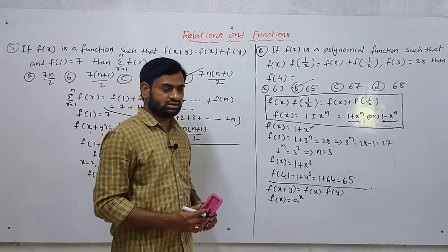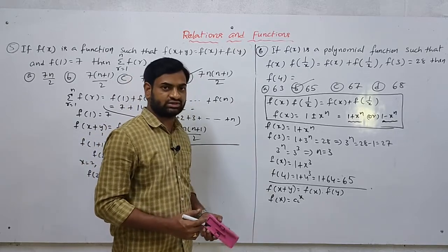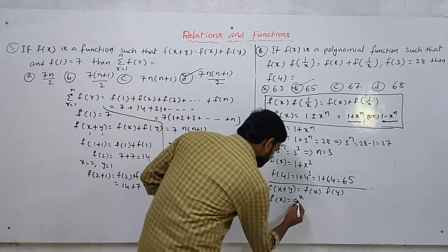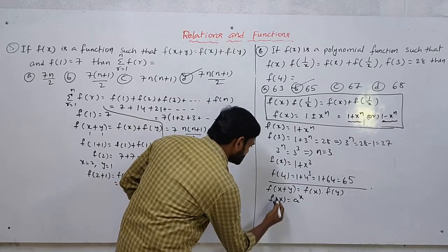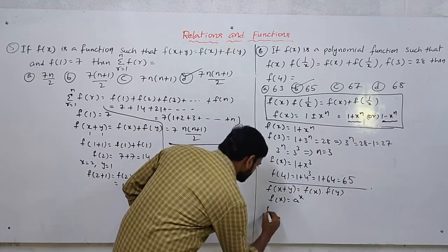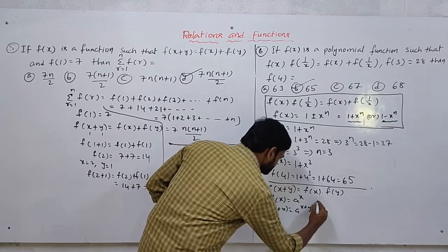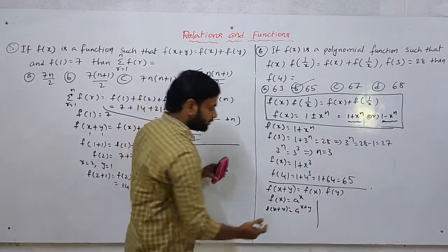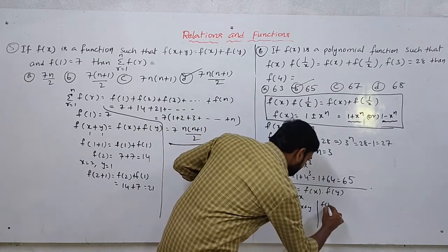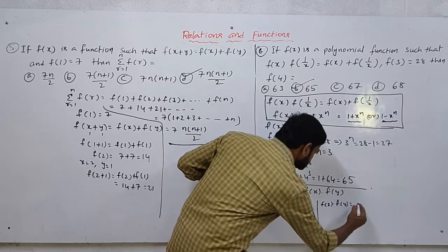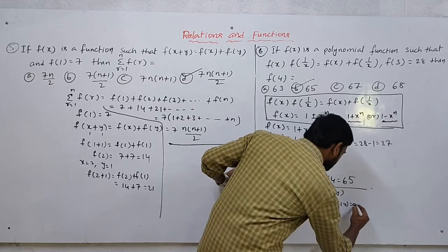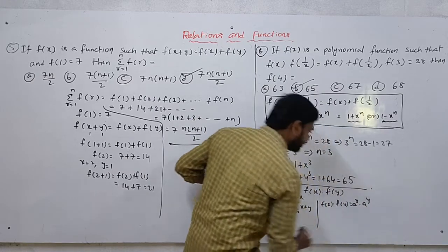Once check this one, how it will satisfy. So f of x is a power x. f of x plus y is equal to a power x plus y. It is LHS. Now the RHS is f of x into f of y. That is f of x is a power x into f of y is a power y.